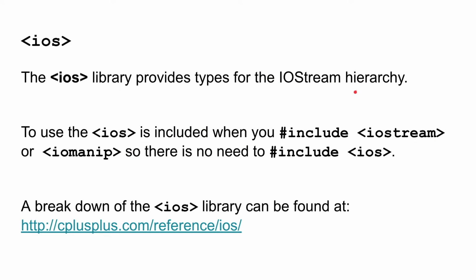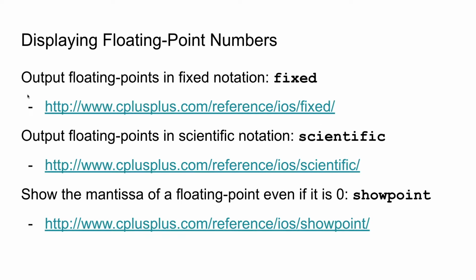So, when we include iostream or iomanip, we do not need to include ios because these two things already include it. And there are some other things that ios includes, and you can find those at cplusplus.com/reference/ios.